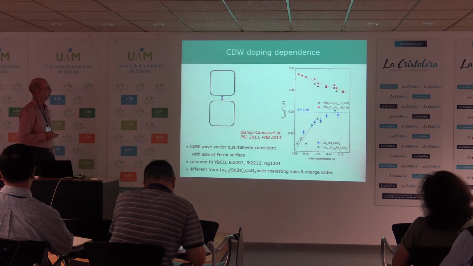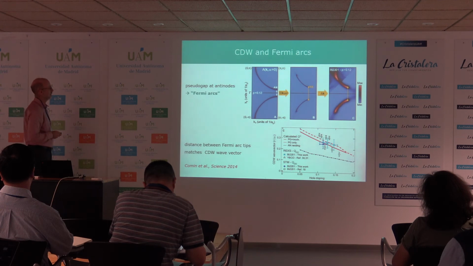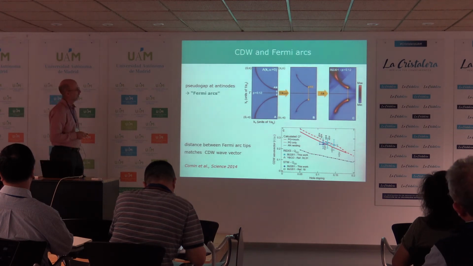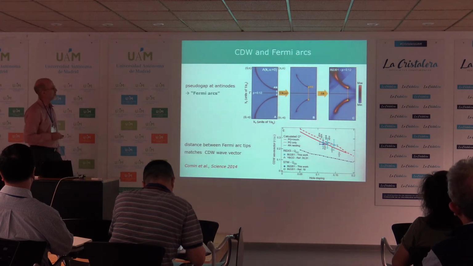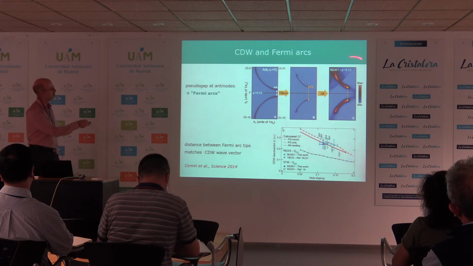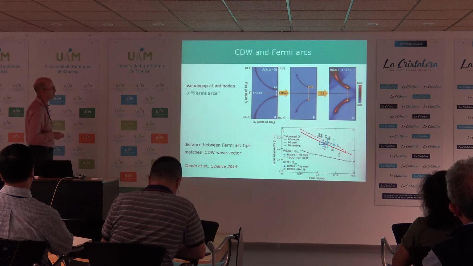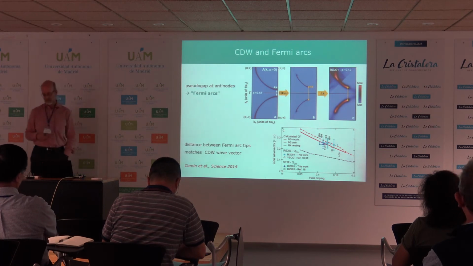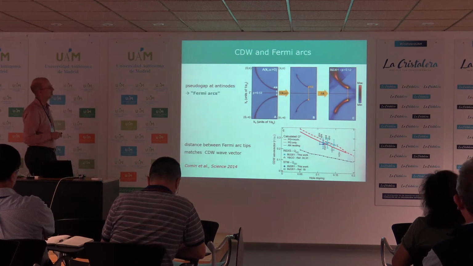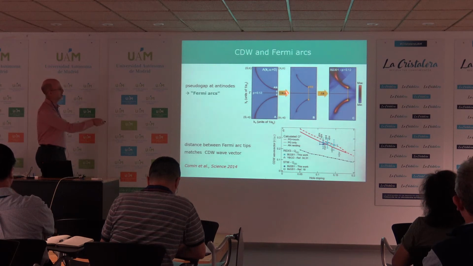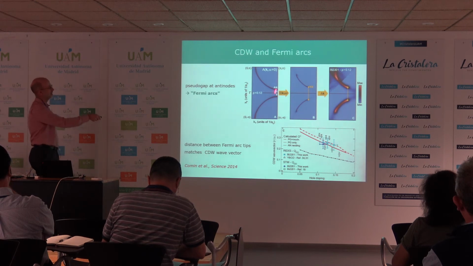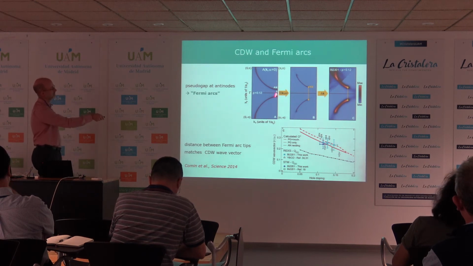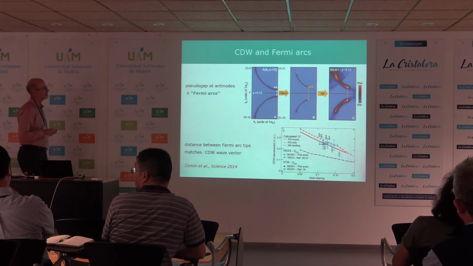And indeed, when you look at the Fermi arcs, now not in YBCO but in a bismuth-based superconductor, and study the charge density wave in the same material, you realize that it's not really this wave vector here that connects the unrenormalized Fermi surface.